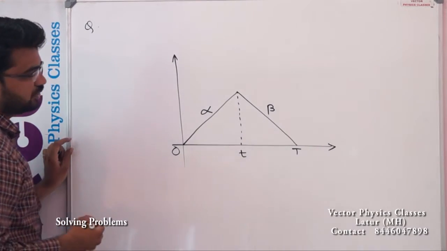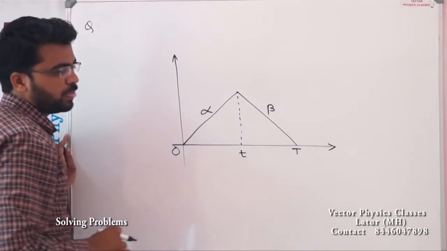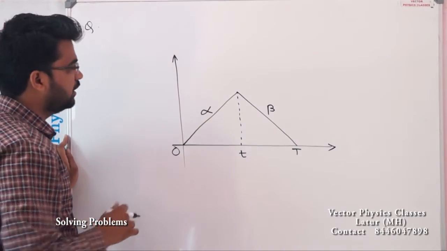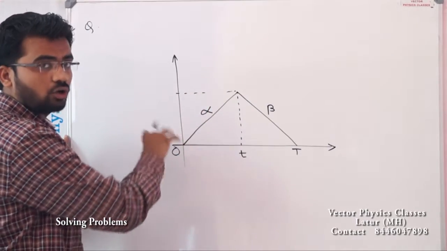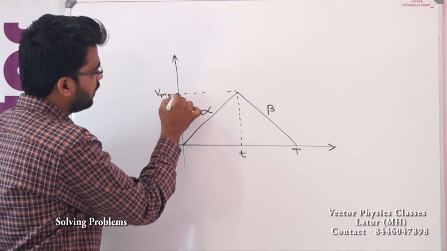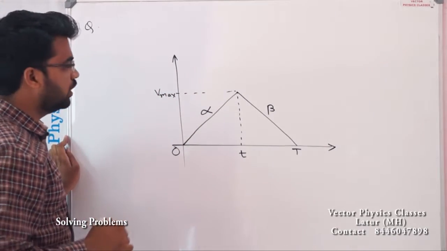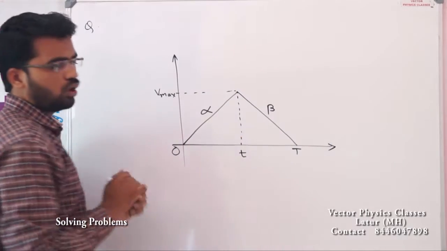Okay, so now you have to find the maximum velocity achieved by this particle or object or car. So this is the maximum velocity you have to find, and number 2, you have to find the distance covered by this object, right?